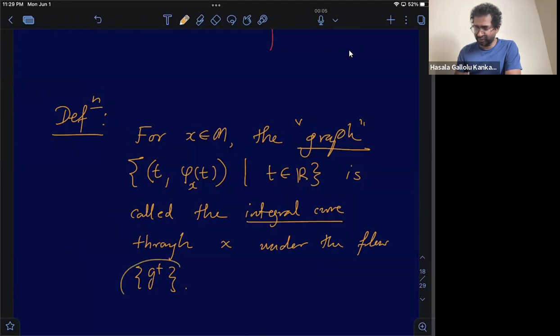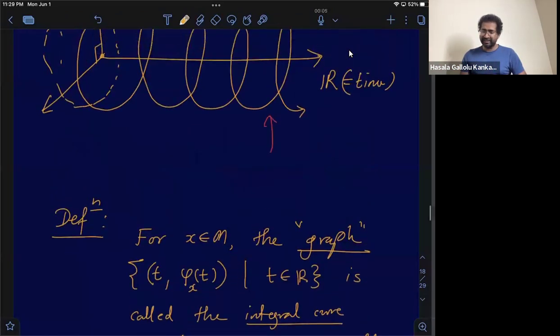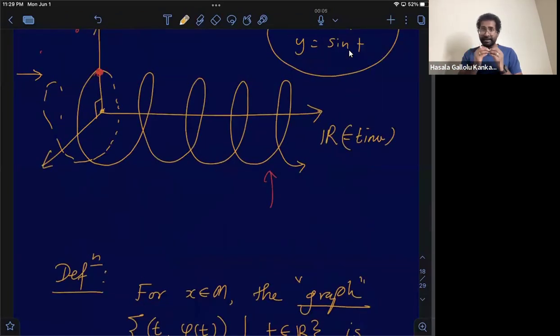Sometimes I'm not going to say this when it is clear from the context because otherwise it's going to be a repetition. So this graph is what we call the integral curve. Actually, what you're seeing as an integral curve is the image of the entire space curve through this extended phase space.